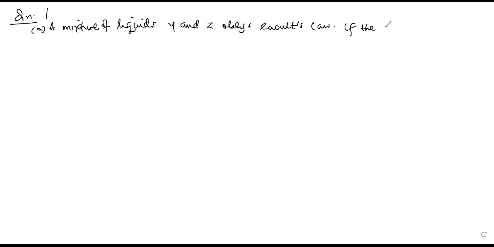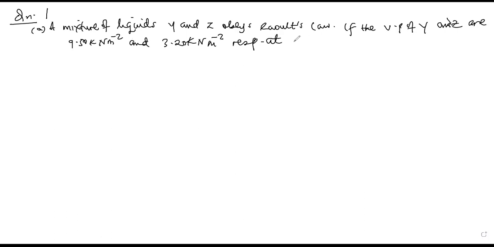If the vapor pressures of Y and Z are 9.50 kilonewton per meter squared and 3.20 kilonewton per meter squared, respectively, at 20 degrees Celsius.